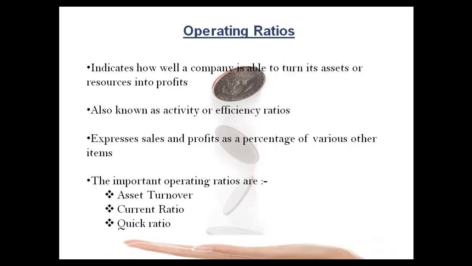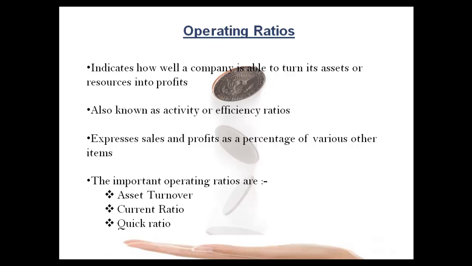Operating ratios indicate how well a company is able to turn its assets or resources into profits. By linking various income statement and balance sheet figures, these measures provide an assessment of a company's operating efficiency. So they are also known as activity or efficiency ratios. The important operating ratios are asset turnover, current ratio, and quick ratio.